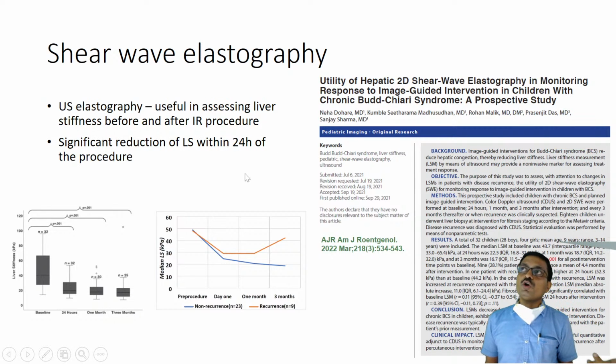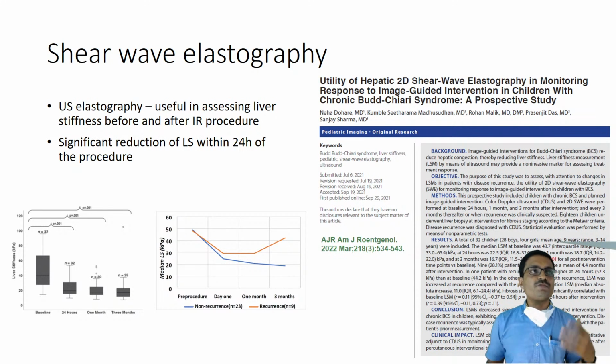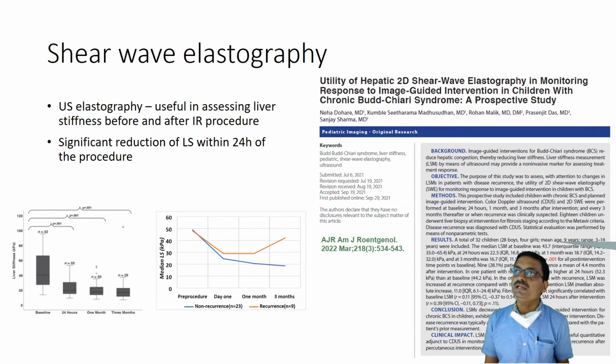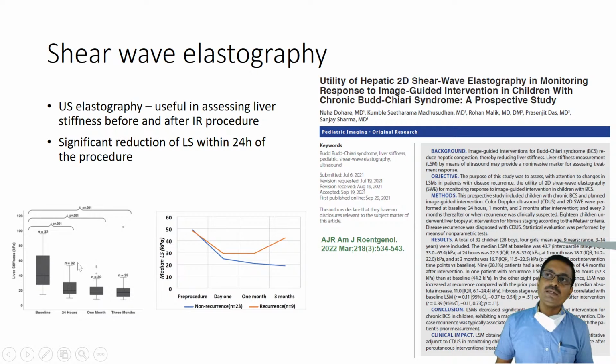Then during follow-up, we performed a study to see if shear wave elastography of the liver helped in assessing patients who present with recurrence. We found that, comparing the liver stiffness before the procedure and 24 hours after, there was a significant reduction in liver stiffness, which indicated that the congestion responsible for the increased liver stiffness was significantly reduced immediately after recanalization.